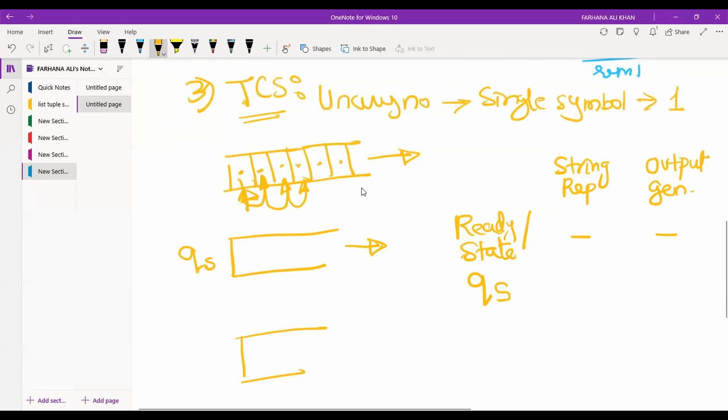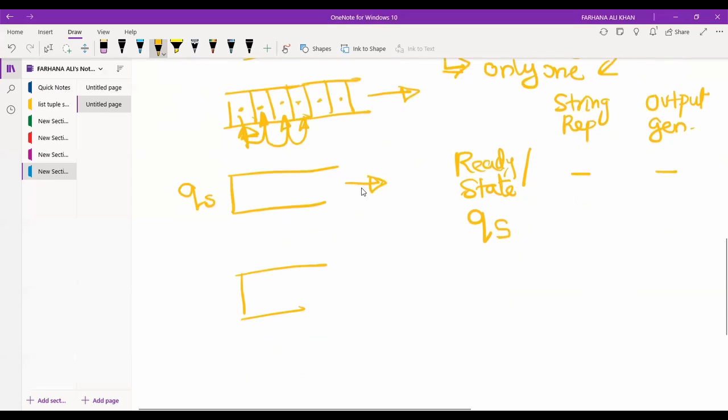As there is a single symbol, the number of reading tapes will be only 1. The number of tapes is decided by the number of symbols present in the number system. Here only one symbol is there, so we use only one tape.